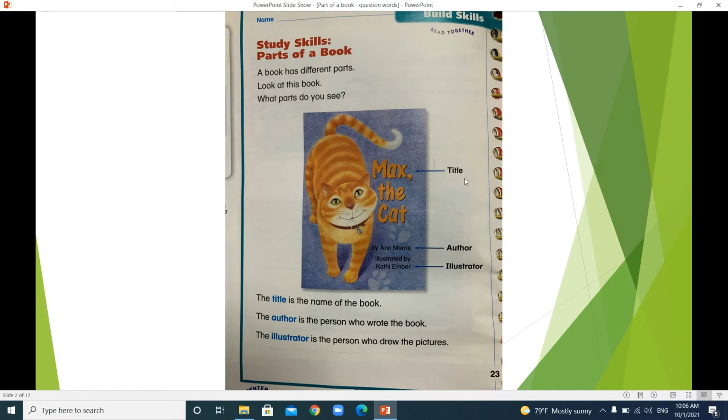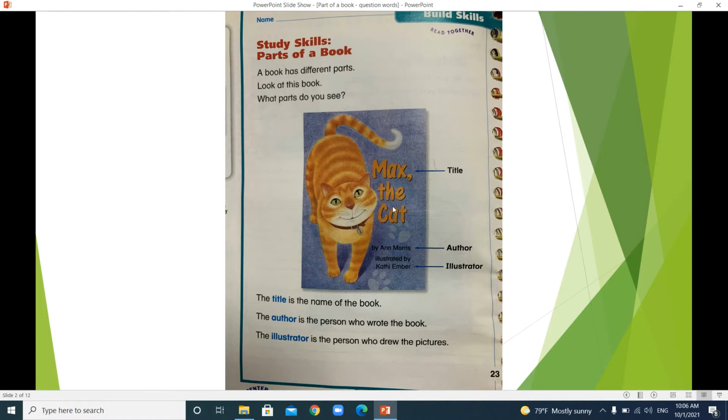I told you in class that title means name. Okay, so we can say what is the name of the book or what is the title. When you hear the word title, remember that it's the name of the book. Okay, every book or every story has a name. So what is the title of this book? The title of this book is called Max the Cat.